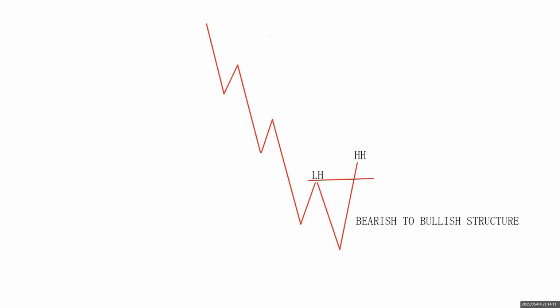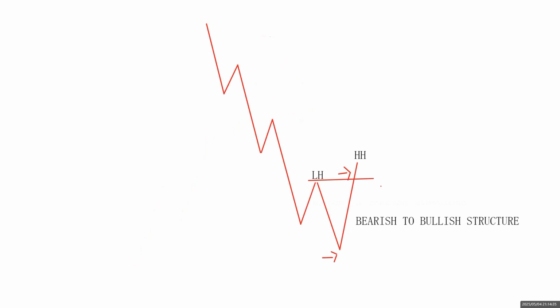It's very important that we understand where the break of structure is happening, because as price action traders, break of structure gives us our entry. For example, we can place a buy entry right here, place our stop loss at the low right here, and ride the trade to whatever our take profit is. It's important to understand that these are the only criteria where a break of structure happens.